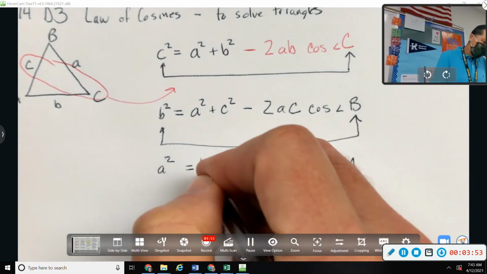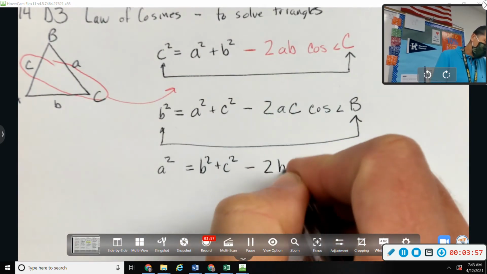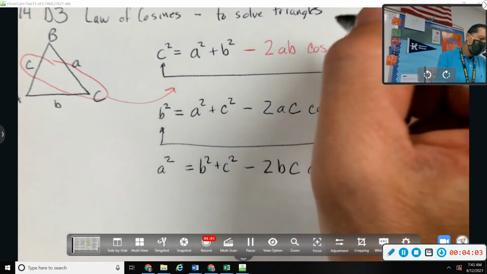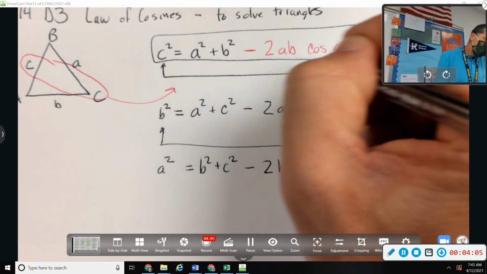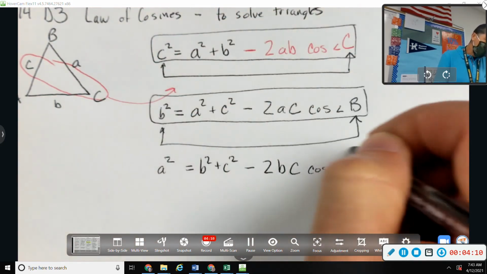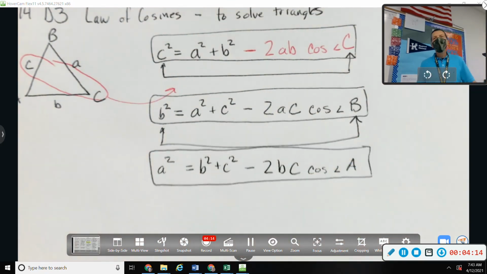That means I need b squared plus c squared minus 2bc cosine of angle A. So there's our three, but it's not really three separate. It's kind of all the same. Law of cosines, three different ways to say it.